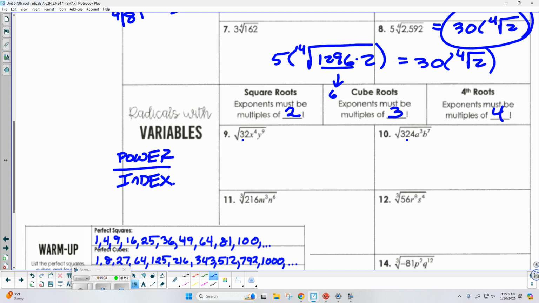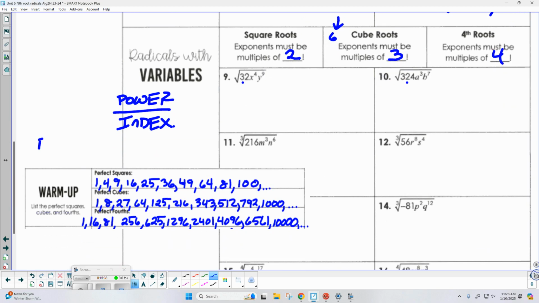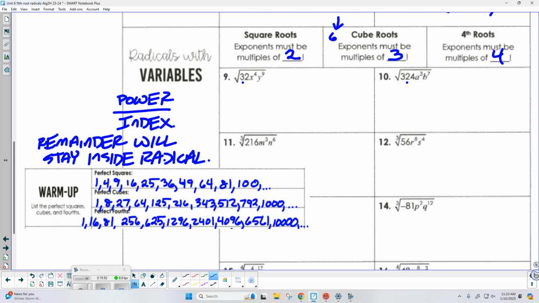If it doesn't divide evenly, though, then your remainder will stay inside the radicand. I'll say radical. Now, let me show you what I mean.